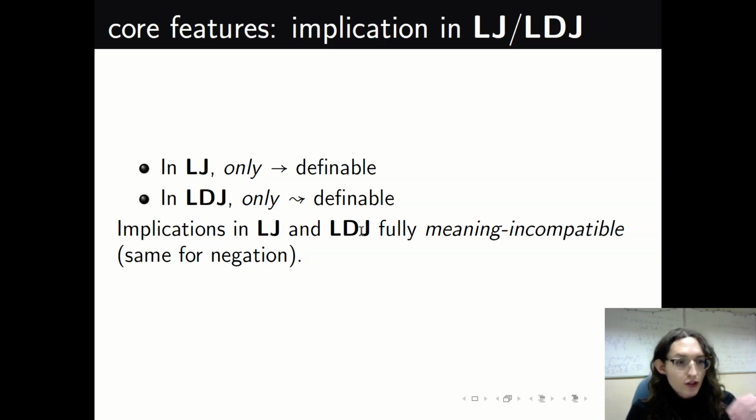This is an even stronger version of meaning incompatibility than we've seen for disjunction and conjunction, where you only have an aspect of meaning shared and another one not shared between each of them. Here we have full meaning incompatibility. If you say if-then and I say if-then, we definitely don't mean the same. There isn't even overlap of the meanings we're using for if-then.